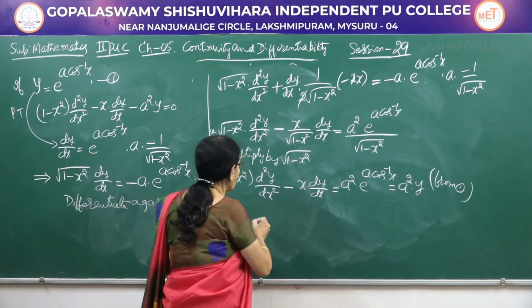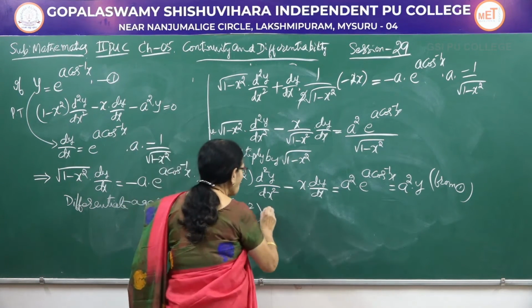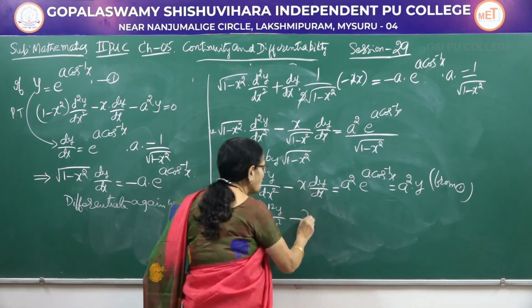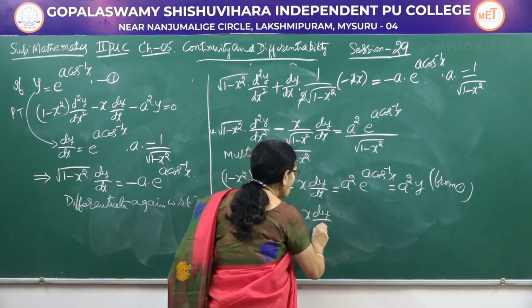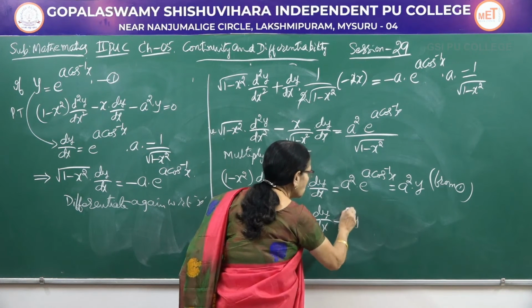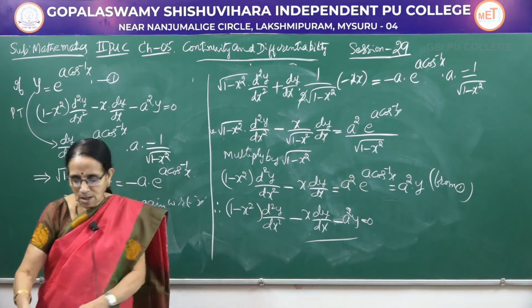So, take it to the left hand side. One more step: 1 minus x square into d square y by dx square minus x into dy by dx minus a square y equal to 0. Hence, we get the required answer.